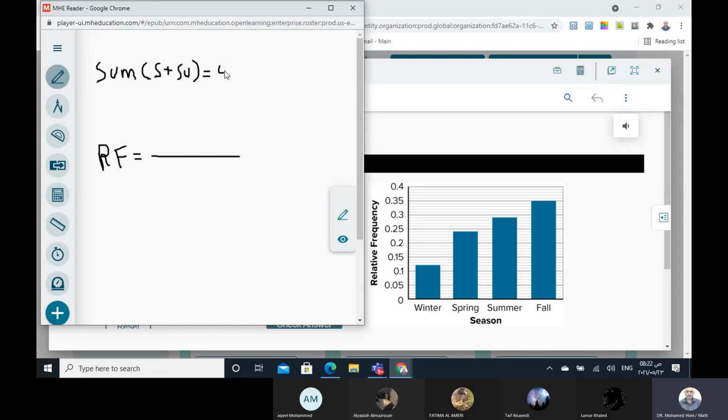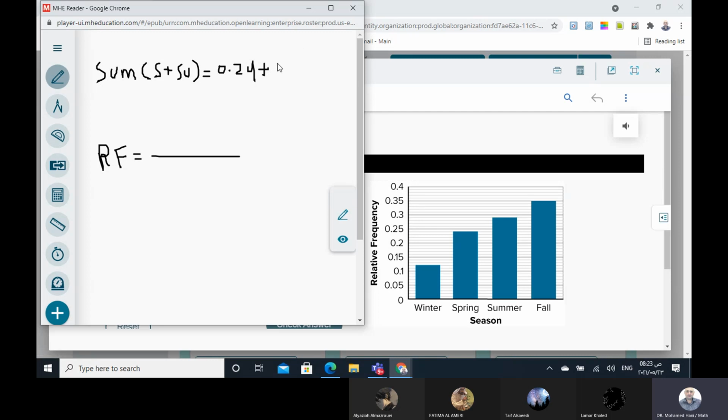So 0.24 plus the summer, the height of the bar will be here, 0.25, 0.26, 0.27, 0.28, and here 0.29.